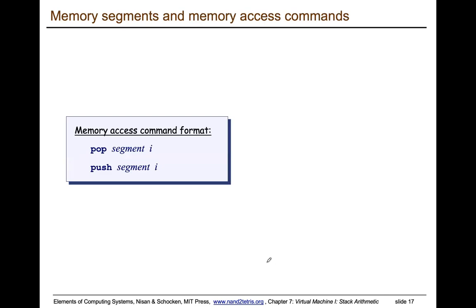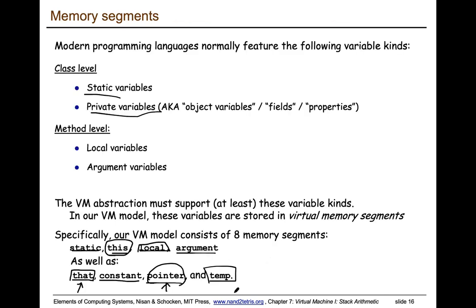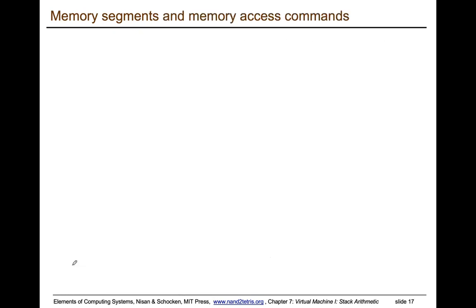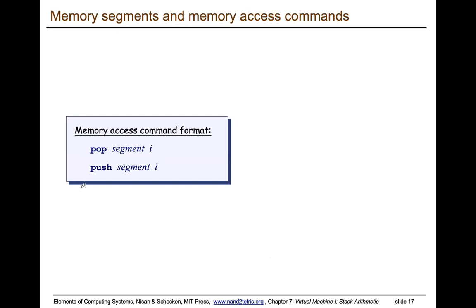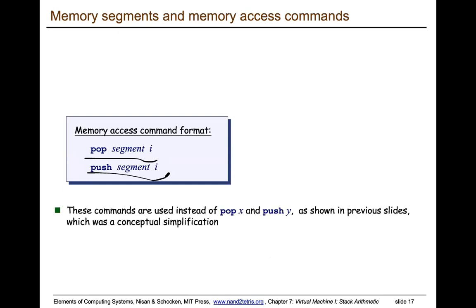If we have the memory access command, we have the format for pop from the segment. So what kind of segment? These 8 segments. In our virtual machine, we will pop from a certain segment and push to a certain segment on the stack.